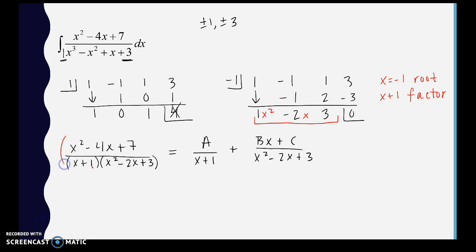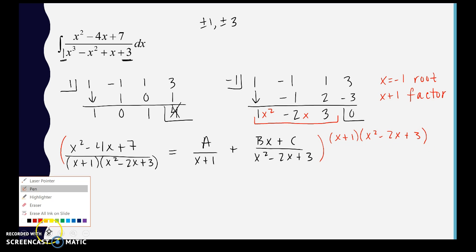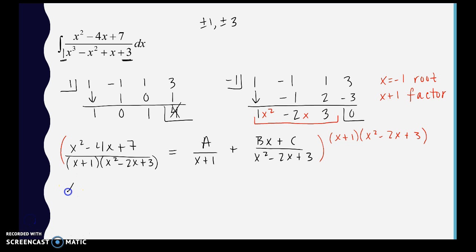All right, multiplying by our common denominator. And my equation becomes x squared minus 4x plus 7 equals a times my quadratic plus bx plus c times x plus 1.